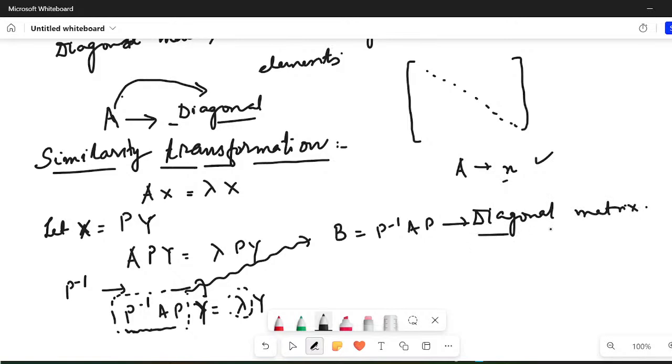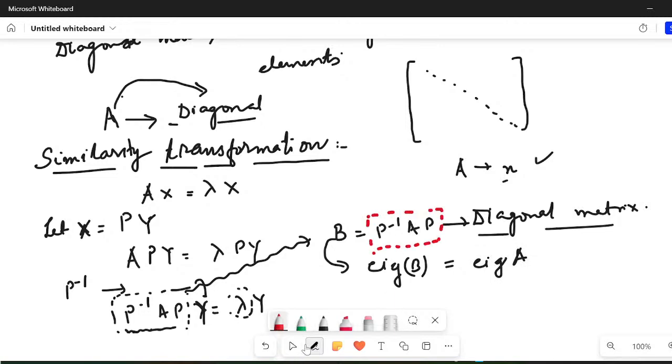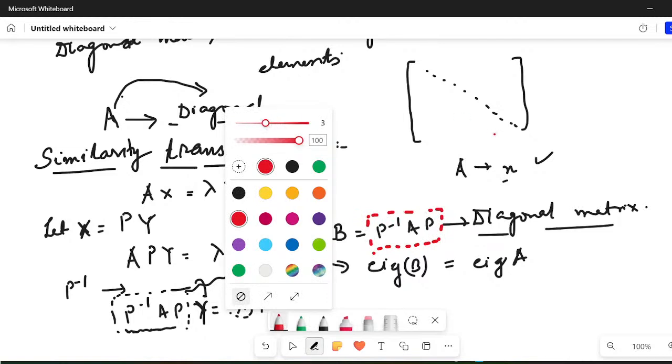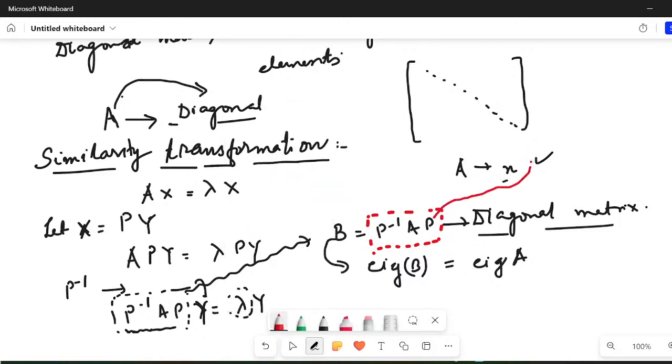Further, the eigenvalue of B is also equal to the eigenvalue of A. This transformation P inverse AP is called your similarity transformation.